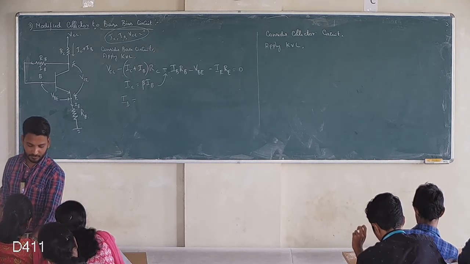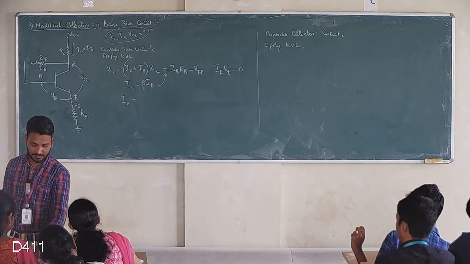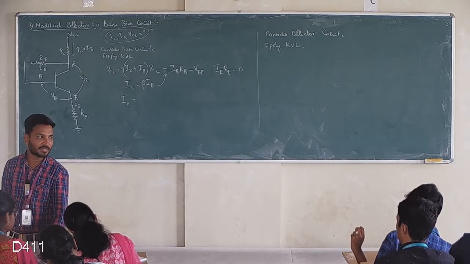IB equal to VCC minus VBE minus IE RE divided by (beta plus 1) RC plus RB. Correct?